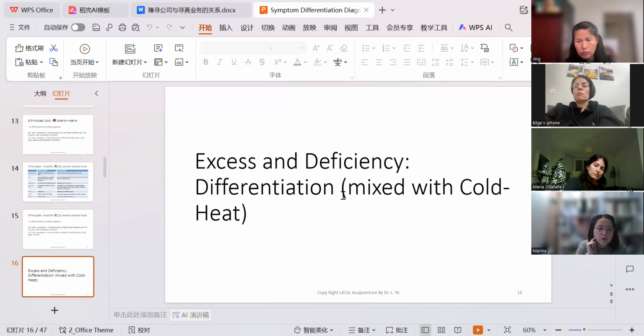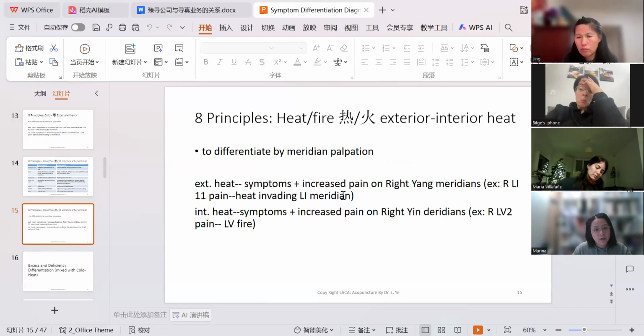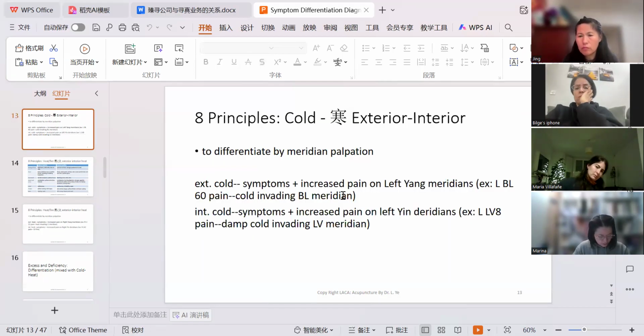Sorry, Dr., I have a question regarding exterior and interior cold. For example, if the patient has a sore throat but also clear mucus and a runny nose, with a white or light coating on the tongue, I would still say this is cold oriented.